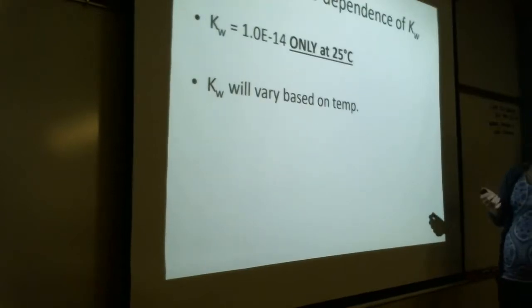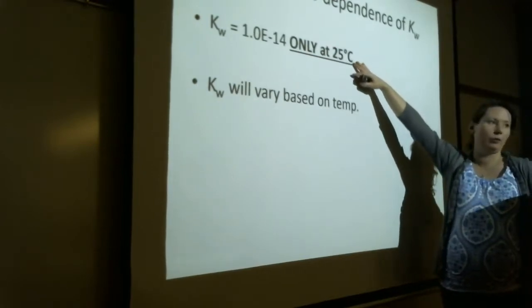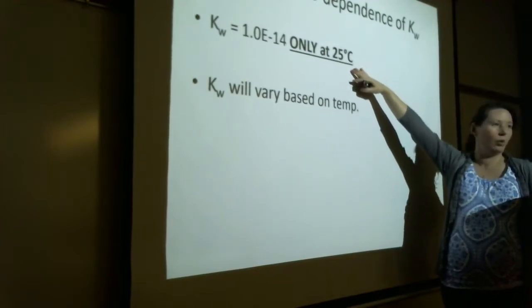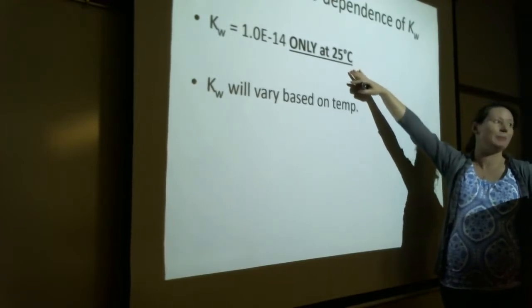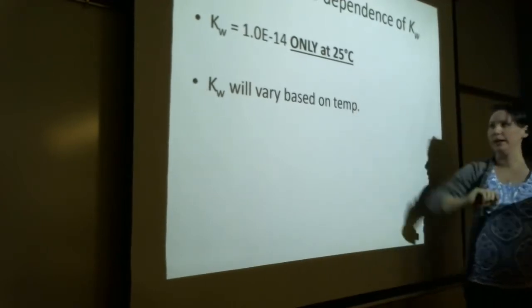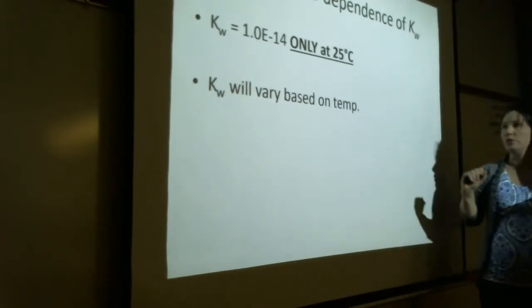Now, just a reminder that Kw is temperature dependent, okay? And it's only 1 times 10 to the negative 14th at 25 degrees Celsius. So if you're doing your reaction in boiling water, or if you're doing your reaction in an ice bath, right, Kw would be different. So just keep that in mind. We carry out all our reactions here at room temperature, so we're not worried too much about it.